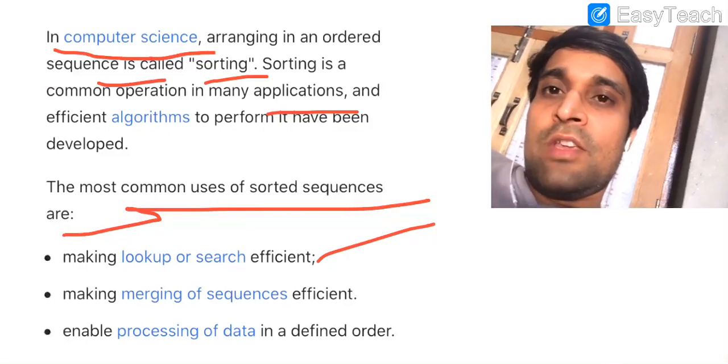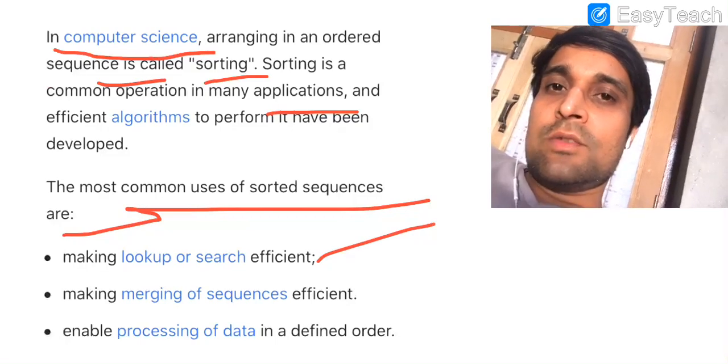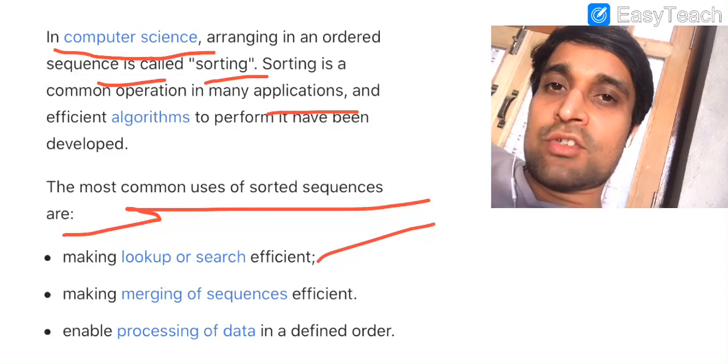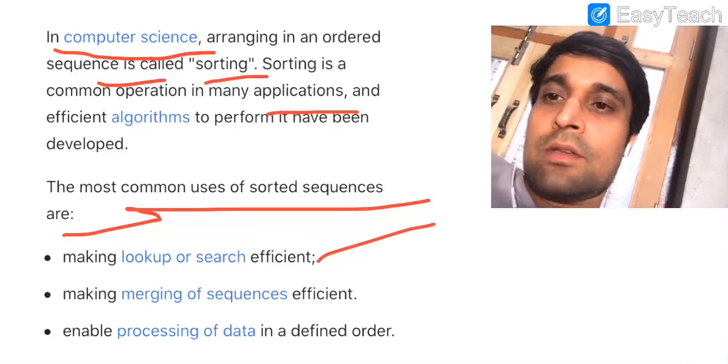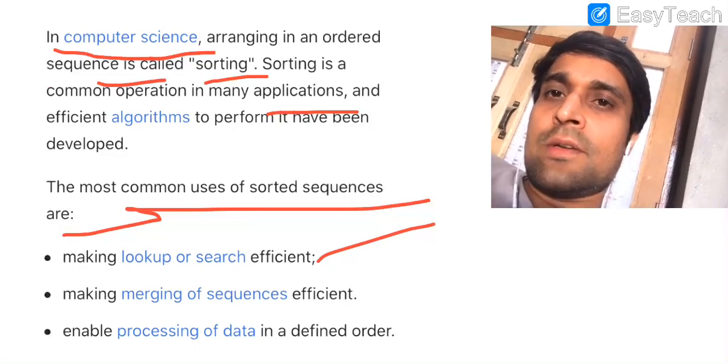So we must write some instructions in our program. If the data entered by the user is not in ascending or descending order, the program will arrange it for you, and this concept is known as sorting. So when you are using binary search, where the data must be in sorted order, you can use bubble sort or insertion sort.